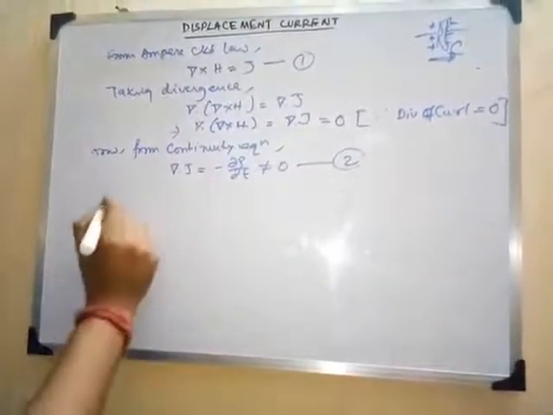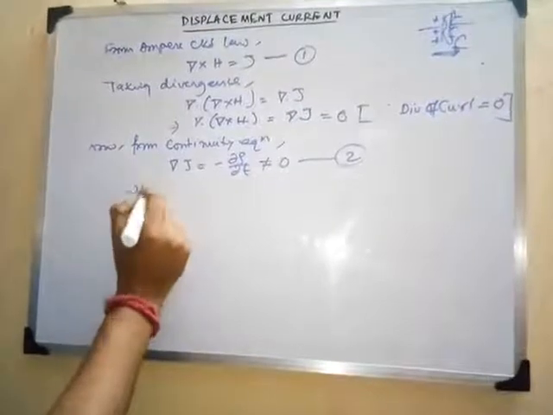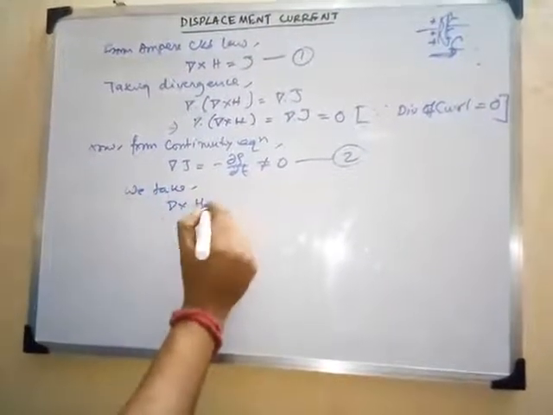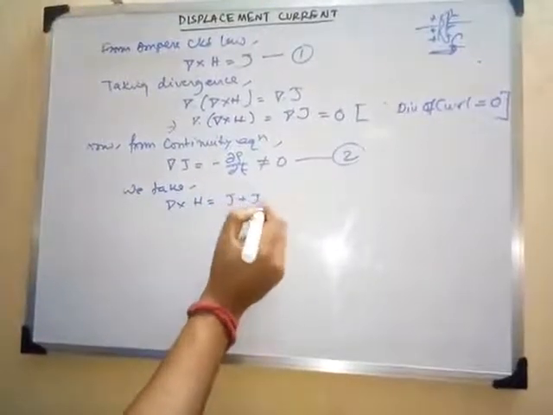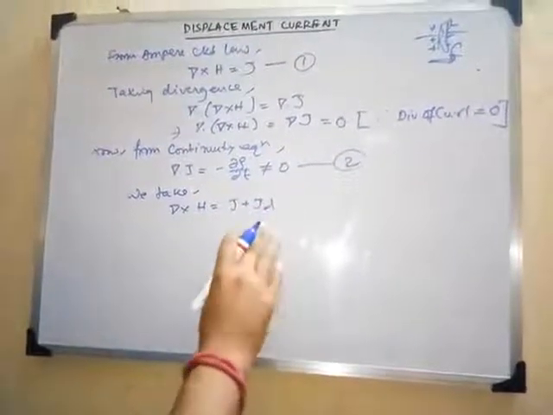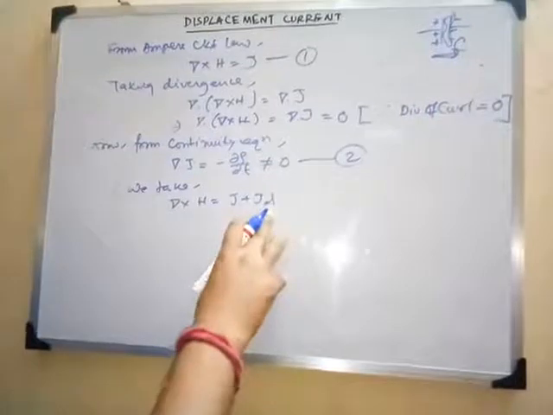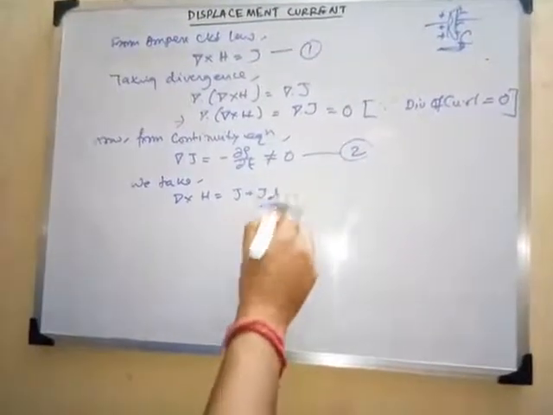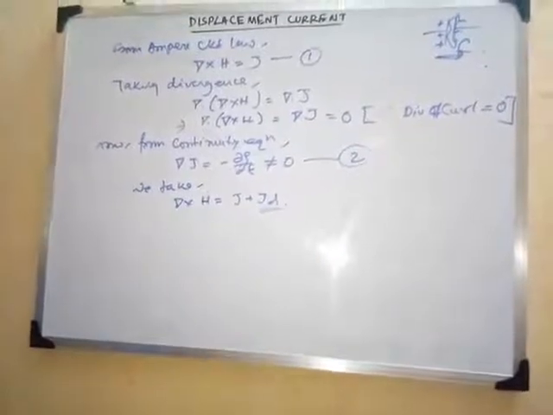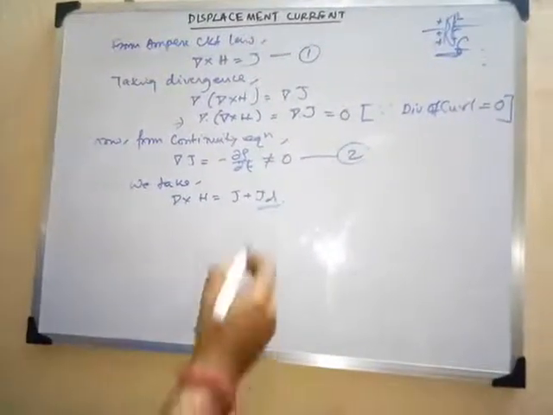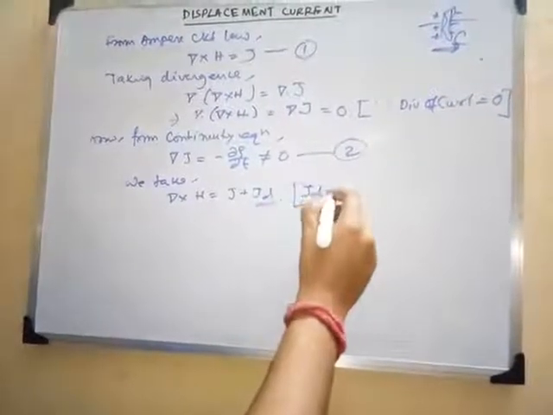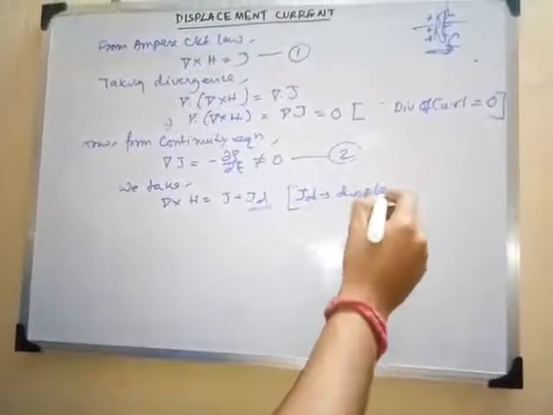Therefore we take del cross H equals J plus JD. Remember, as I told you in previous classes, this JD was the term introduced by Maxwell. This JD is actually the displacement current, a concept added by Maxwell.